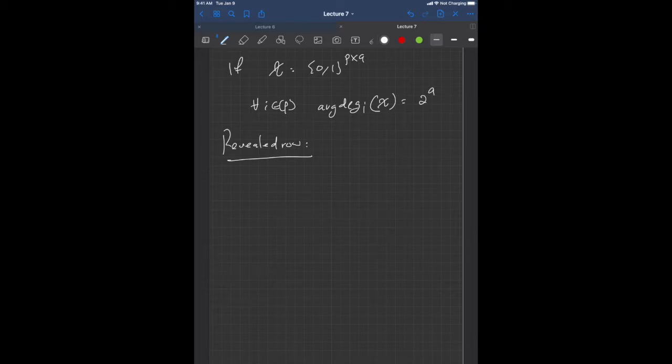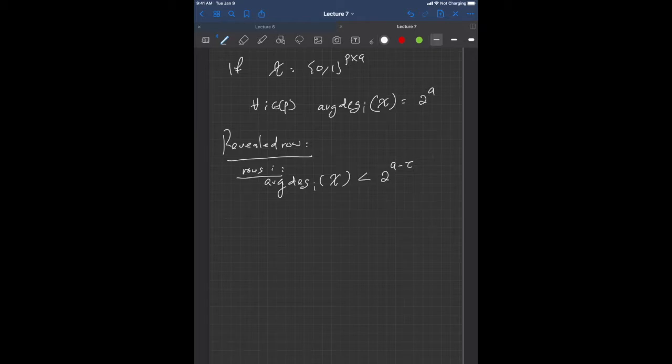So the average degree should have dropped by a factor of 2 to the tau, but we are measuring information in bits, so the logarithm of that drop should be tau. So the claim is that these are rows i such that the average degree of i is strictly smaller than 2 to the q minus tau.